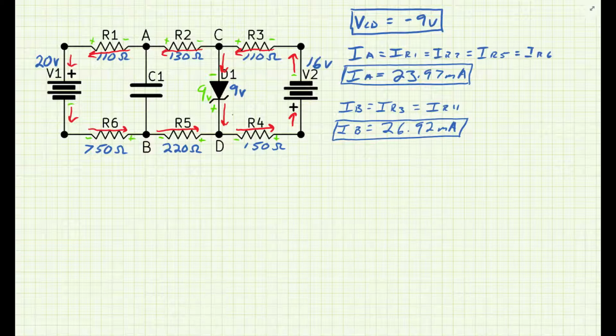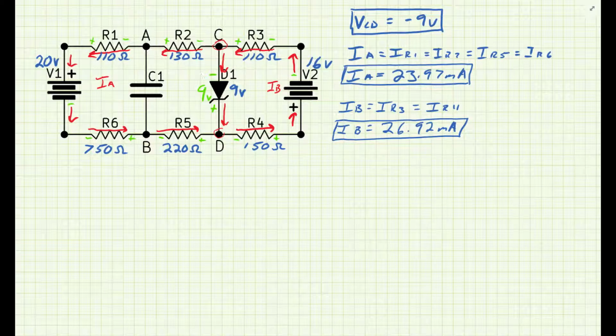Alright, so now let's look at these nodes. I've got that node at C and that node at D. So this is our IA current on that side. This is our IB current on that side.